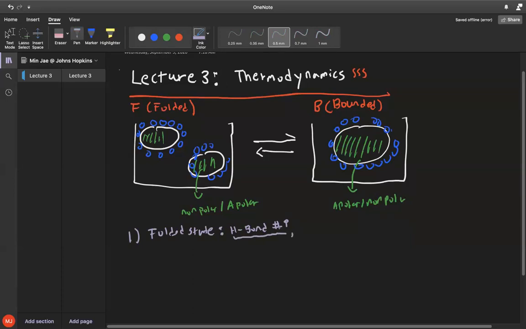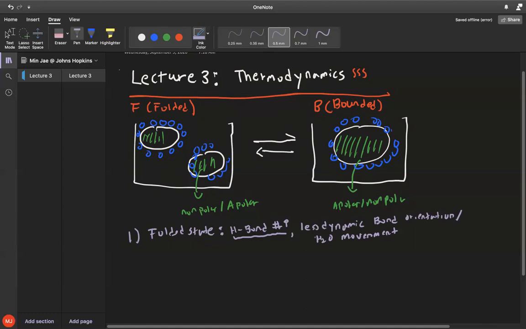Which means that for each molecule, there will be less dynamic bond orientation or H2O movement. This is analogous to the state of ice I mentioned in my last lecture.